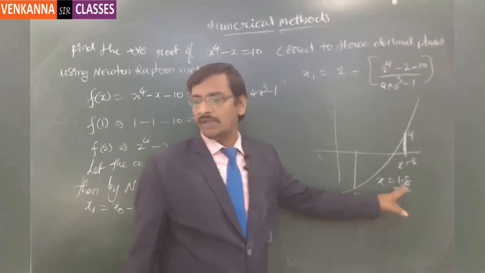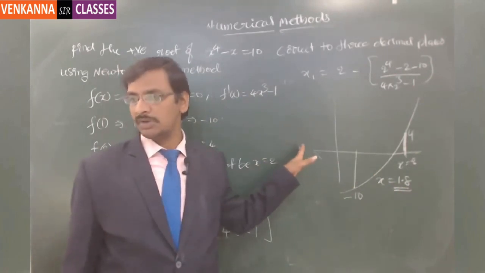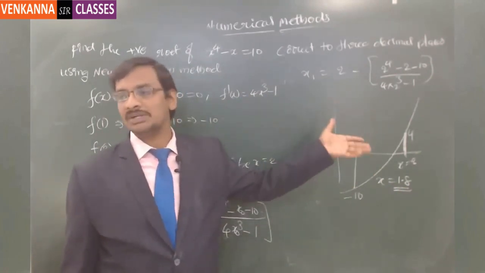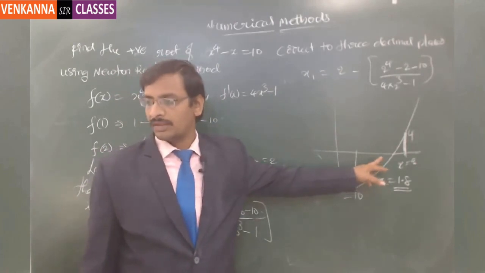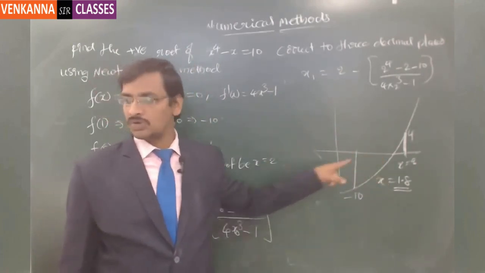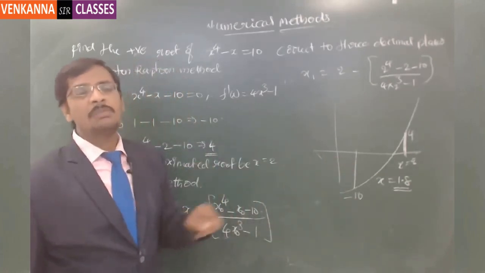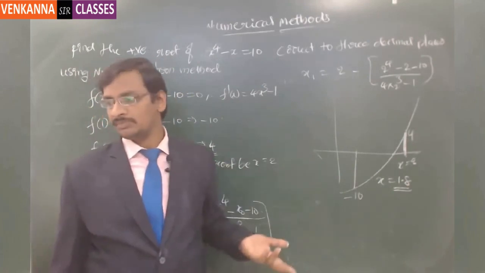But if you take minus 1 as the approximated root, then you might take 5 to 6 iterations. Suppose you take x equal to 100 as the starting root, there is still a possibility that you can get the root, but the number of iterations may be 20.